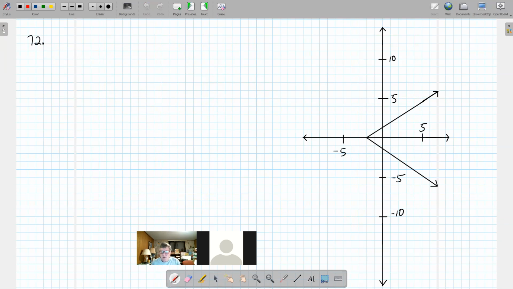Okay, so we're going to use something called the vertical line test. Vertical lines, okay? So vertical lines would be like these. If we can go to the graph and draw a vertical line that passes through the graph more than once. So if a single vertical line passes through the graph more than once.